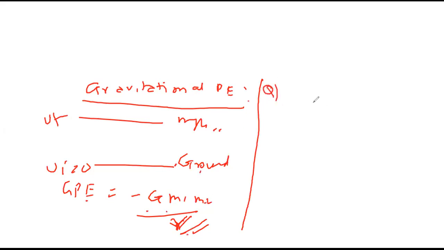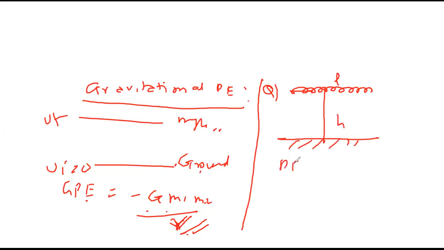Now just tell me, in this case, if this is one chain of length L kept at height h from the ground, what will be the potential energy? All the masses are equidistant, isn't it? Yes, sir, so it will be mgh.